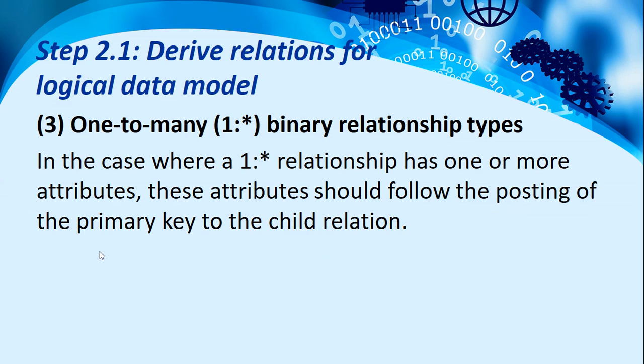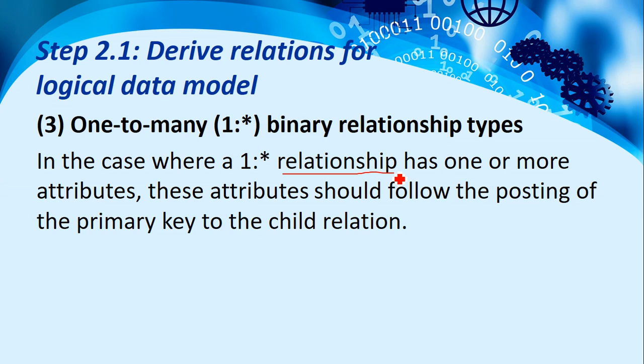Okay, so next, one-to-many binary relationship types. This is just a continuation, in the case where a one-to-many relationship has one or more attributes. This one is referring to the relationship. If you can recall, relationships can also have attributes.